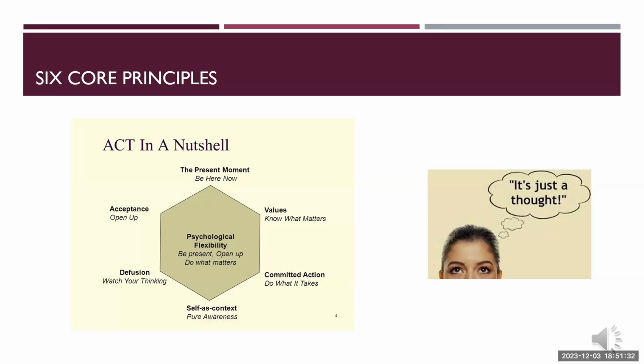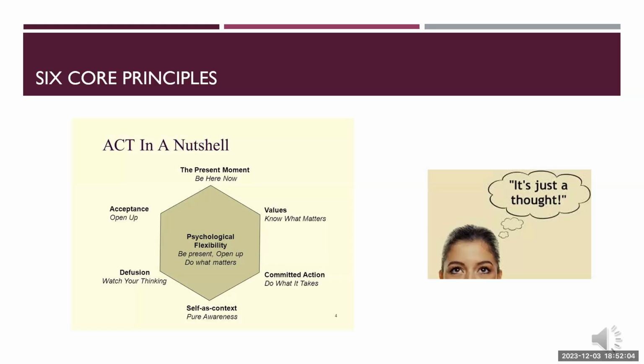And also pursuing a life of personal value and committing to take actions that can lead to living a life of personal value. And discovering self as context, which is the observing self, a part of yourself that does all the noticing, observing, being completely aware of your inner and outer world, the kind of wise mind as we talked about before.